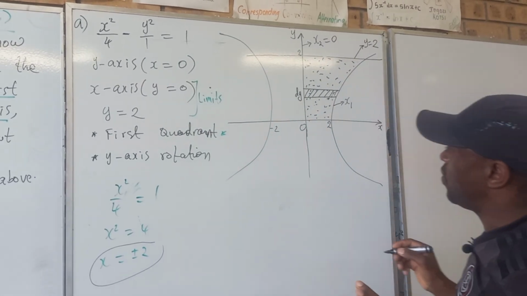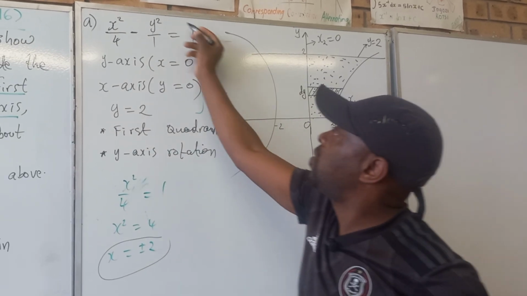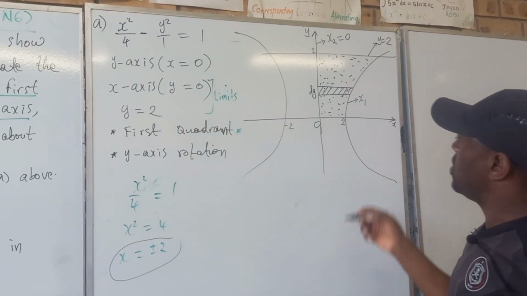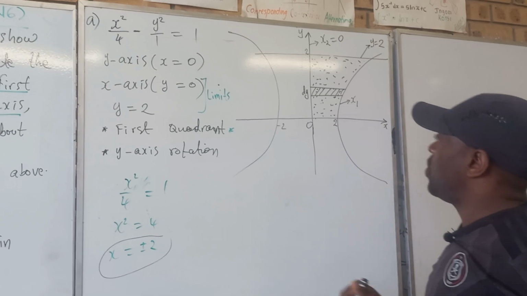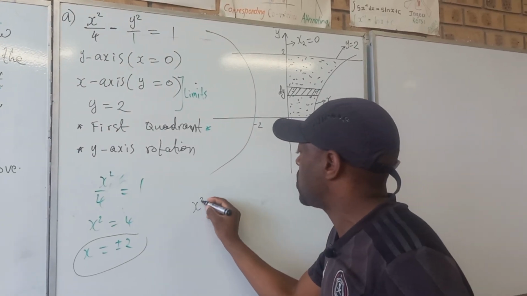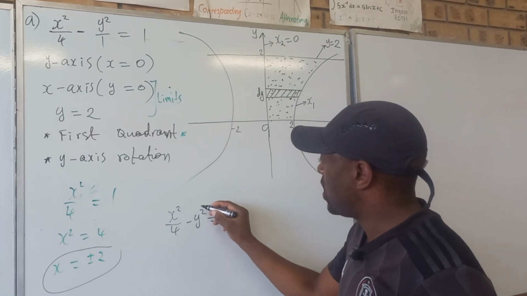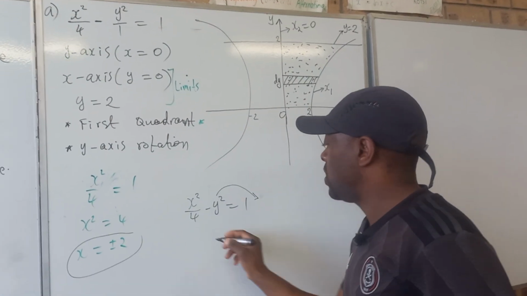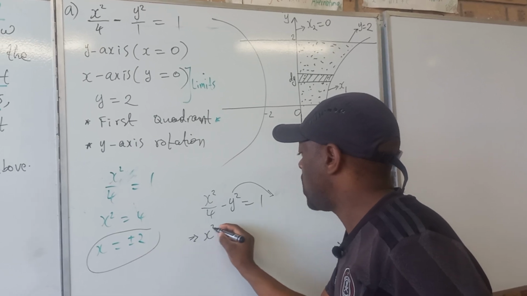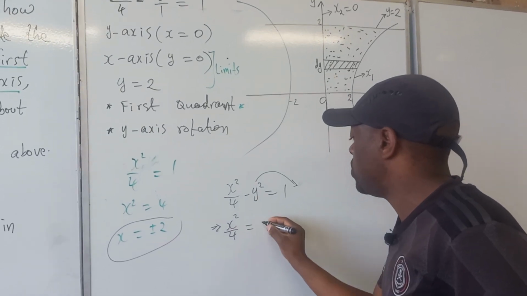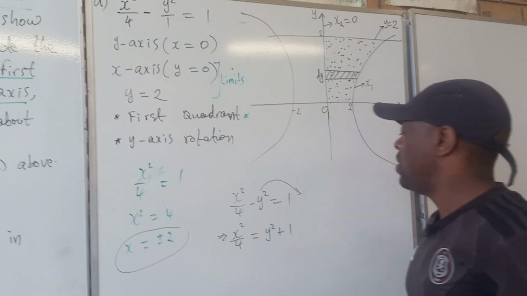So what I'm left with now is to go through my hyperbola and make x the subject so as to see my x1. The equation there is x squared over 4 minus y squared is equal to 1. If I'm making x the subject, y squared moves so that I get x squared over 4 is equal to y squared plus 1.